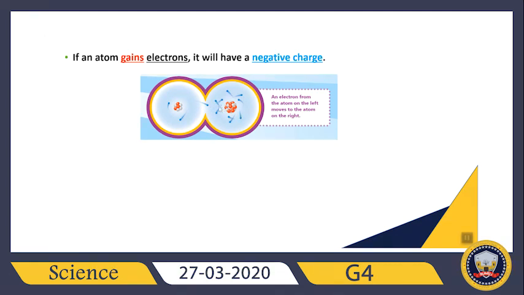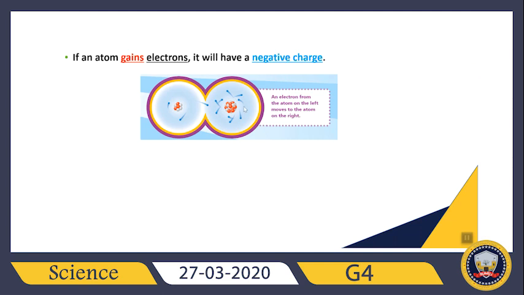What happens to the number of electrons here? Will it stay the same? No. Here the number of electrons becomes more than the number of protons. The number of electrons becomes 10, while the protons are still 9. So the atom gains an electron. When the atom gains an electron or more, it has a negative charge.